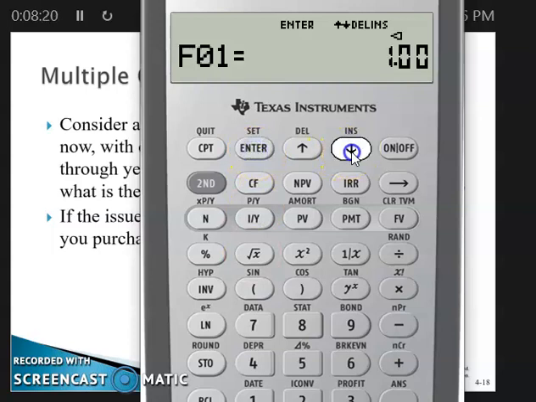Enter. Now go down, hit down arrow twice, and now it's going to enter 400. C03 is 600. Enter, and then 800 for C04.